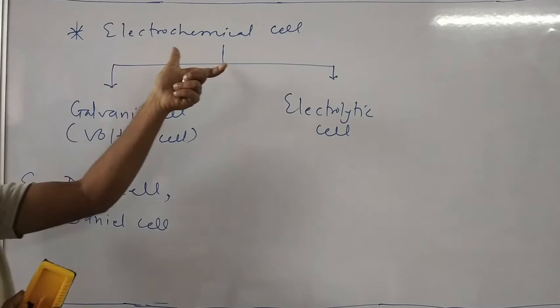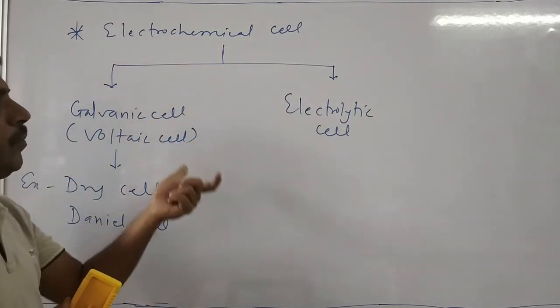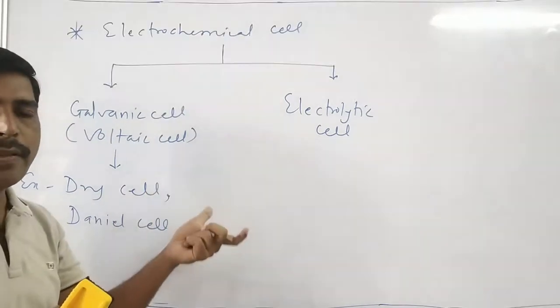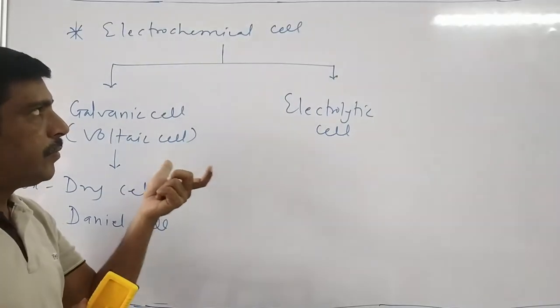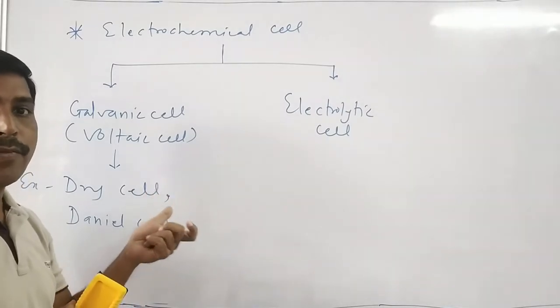Okay, so in the electrochemical cell there is the interconversion of electric energy and chemical energy. That means we have to study the chemical reactions, but in connection with the electric current.